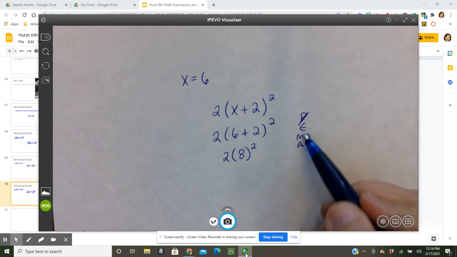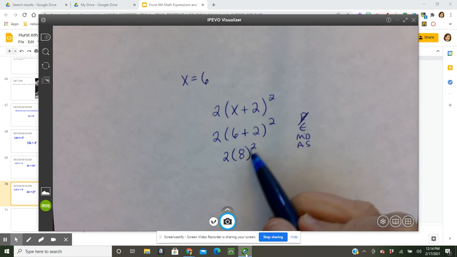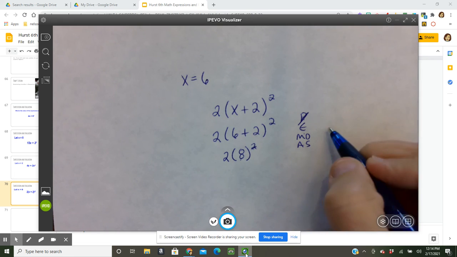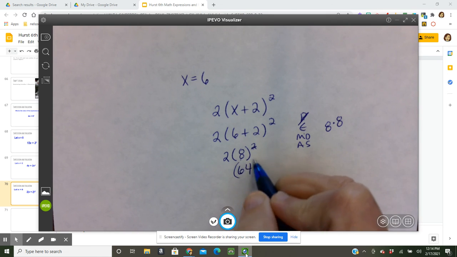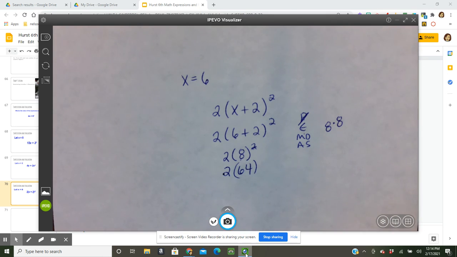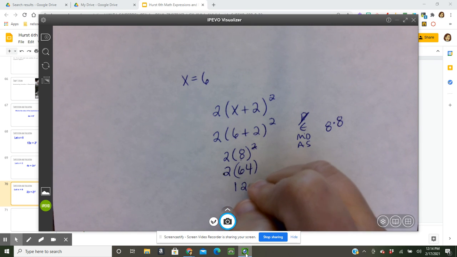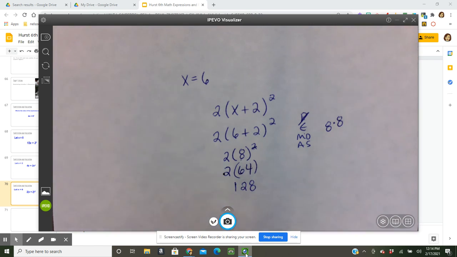So now I have to do exponents. So what does this exponent belong to? It belongs to this 8. So that means 8 times 8, which is 64. So then we have 2 times 64. Well, I know 2 times 60 is 120, and then 2 times 4 is 8. So that would be 128.